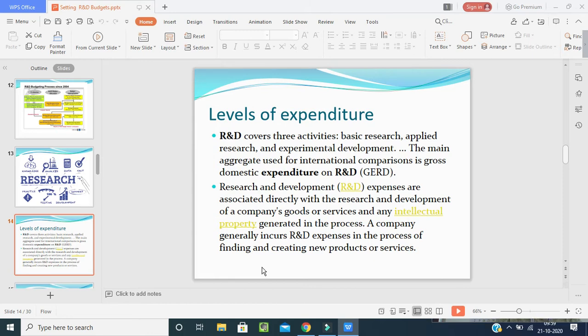Depending on the goods and services of the organization, the expenditures will be taking place. If we are finding any new products or services, depending on that also we are going to utilize our expenditures. So these are the levels of organization. That means, when the people are there, basic research, applied research, and experimental research on goods and services.